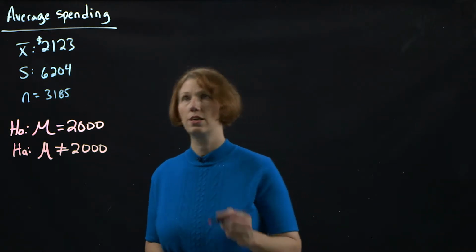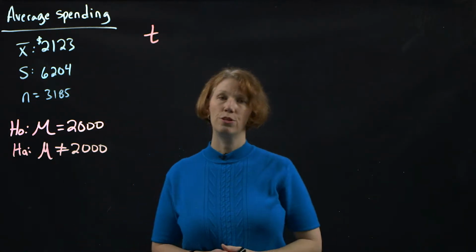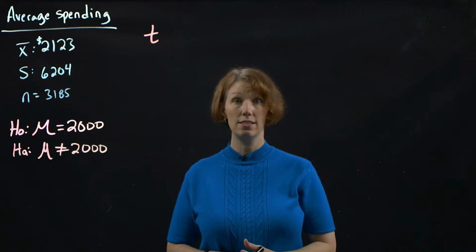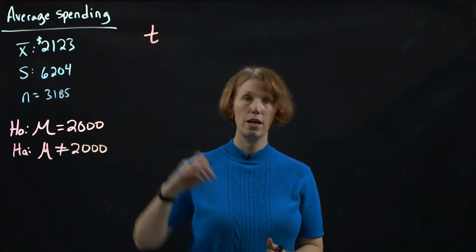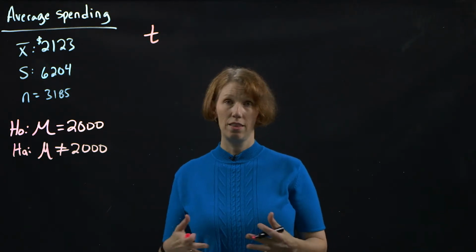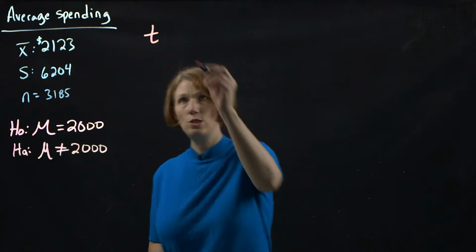our test statistic. So recall that for a hypothesis test for a single population mean in which the population variance is unknown, we're going to estimate that using our sample data. That leads us to having a test statistic that is distributed as a student's t-distribution. So let's write this down.